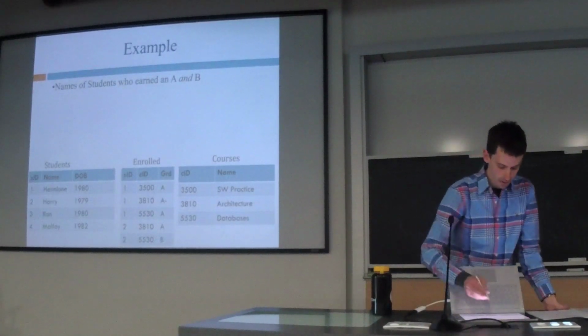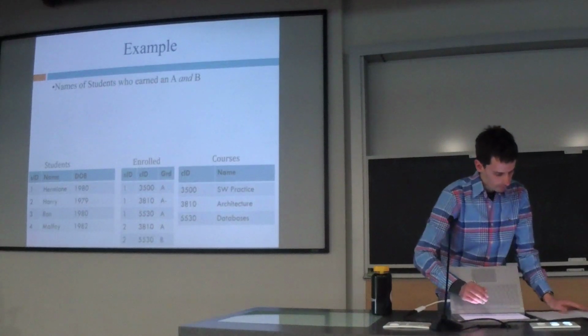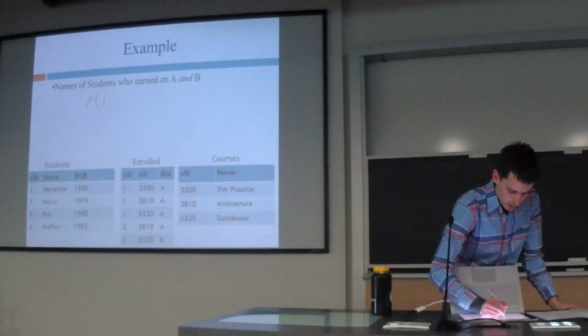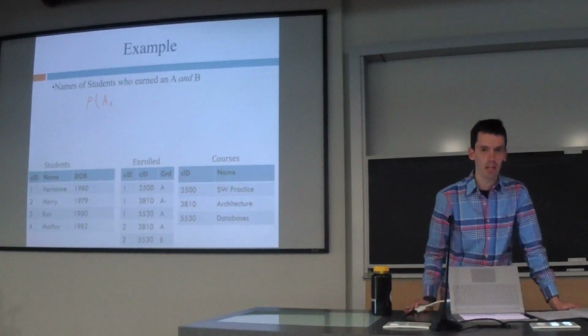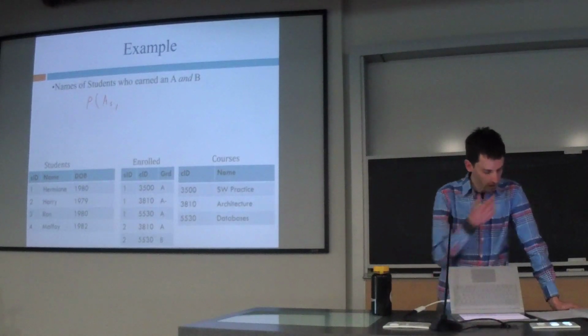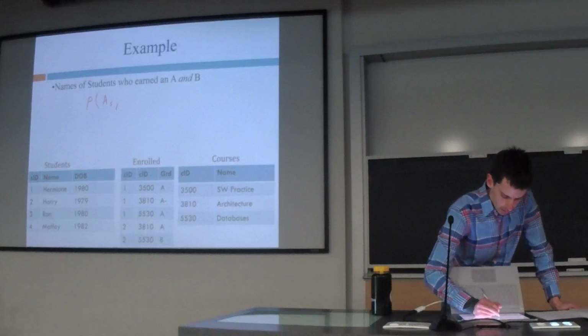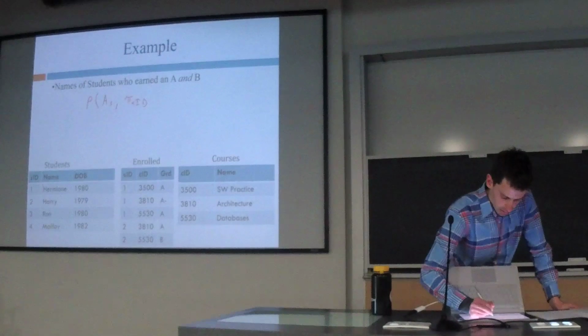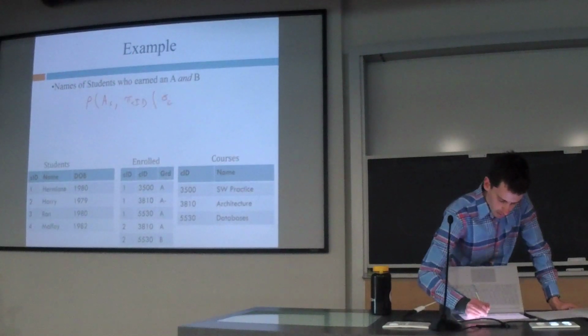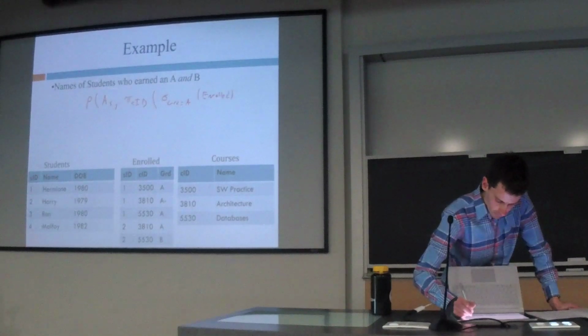So here's what I'm going to do instead. I'm going to use renaming. So I'll say, give me a relation that is called A's. And what I want that relation to be is just SIDs of people who have earned A's. So project SID out of select grade equals A from enrolled.